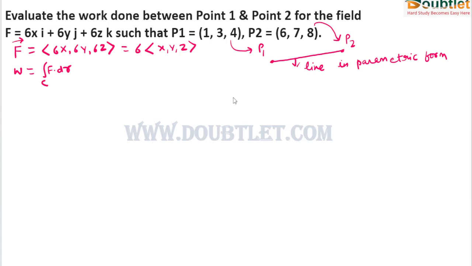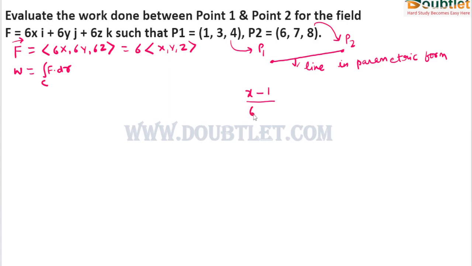We will use the 3-dimensional formula for this. The line is passing through both of these points, so we can take P1 as the point through which the line passes. Then we write (x minus 1) divided by the direction ratio. The direction ratio we can obtain by subtracting the coordinates of point 1 from point 2.